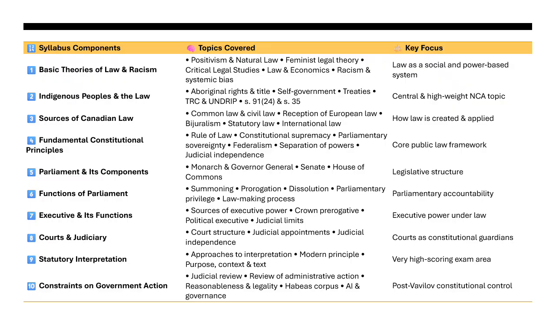Now let's talk about the 10 topics that are there in the syllabus. First, we start with basic theories of law and racism. This is the core. The name of this subject is Foundations of Canadian Law.